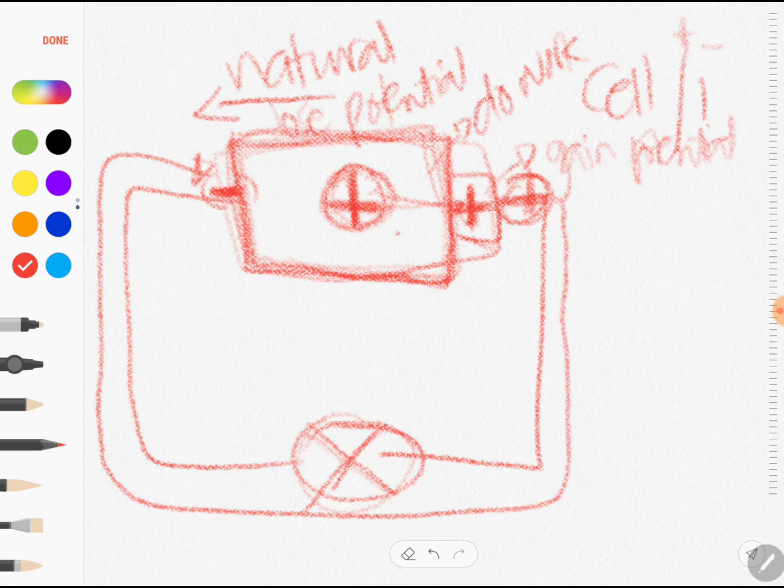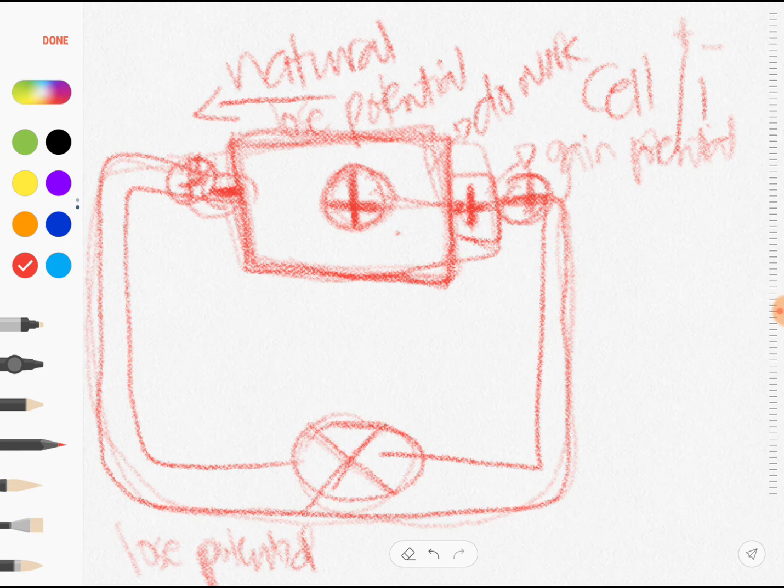So, what do you think happens along the process? Since this is the natural way for the positive test charge to move in the external circuit, will it gain potential or lose potential? Okay, during this process, it will lose potential, such that when it goes back to this negative terminal, it has lost most of the energy that it originally carries.